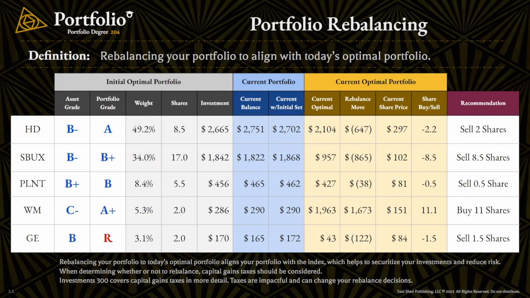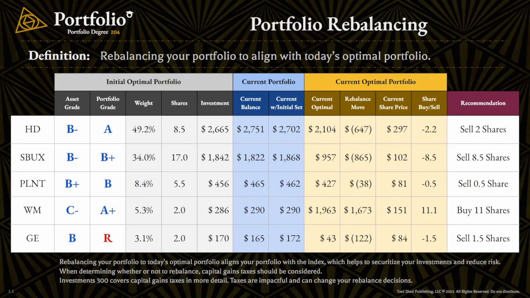And in this example, when we checked, we found that there was actually a new optimal portfolio. So now, in order to move to that from a rebalance standpoint, the yellow section here shows you the amount of money that would need to be moved around based upon the current share price. And that means that this final recommendation section represents the number of shares that would need to be traded.